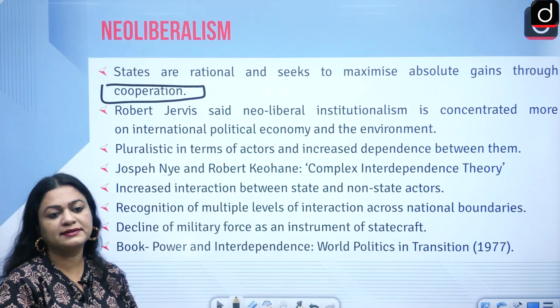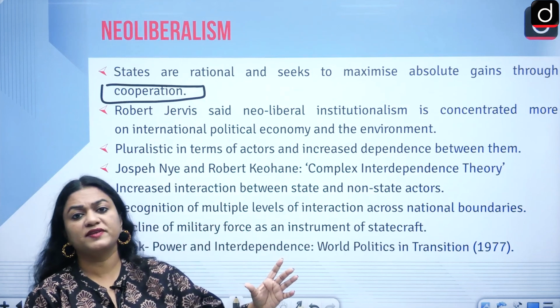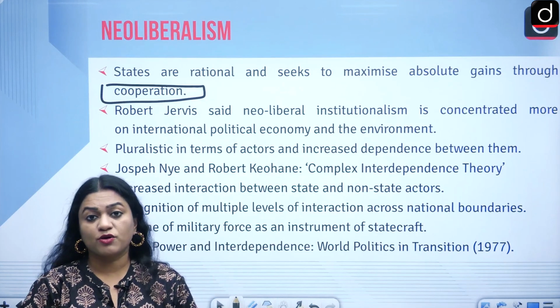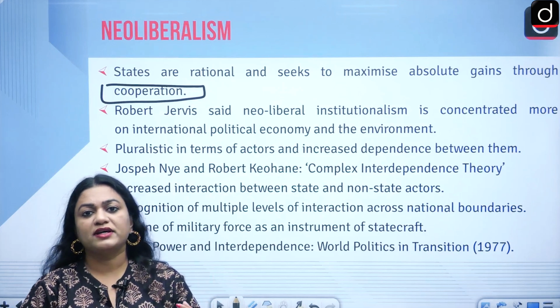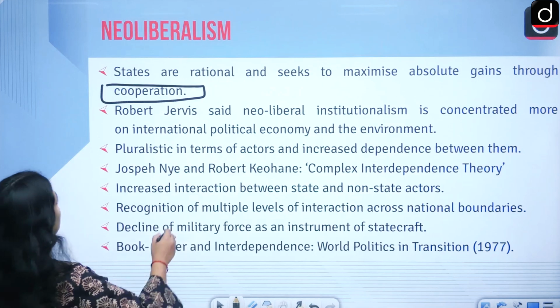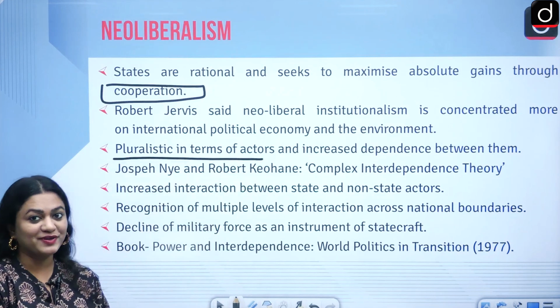So he is saying that neoliberal institutions are more concerned with the international political economy, about business, about international corporations, how they actually work in the international system and how they are gaining more and more prominence.